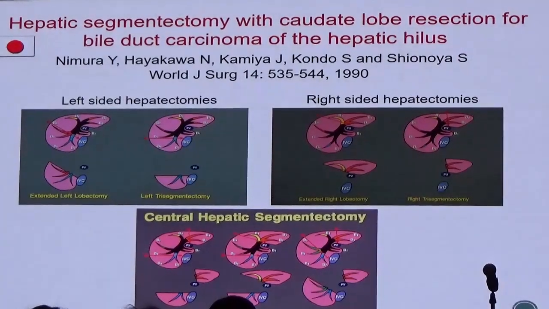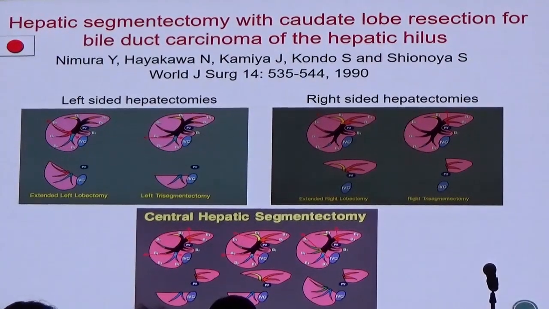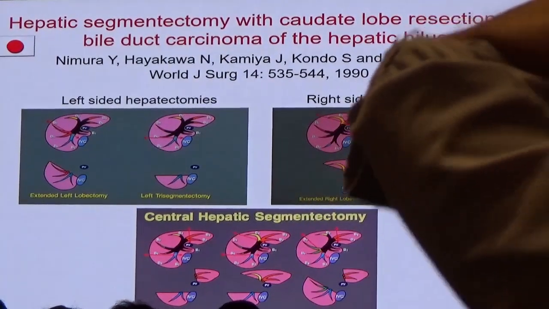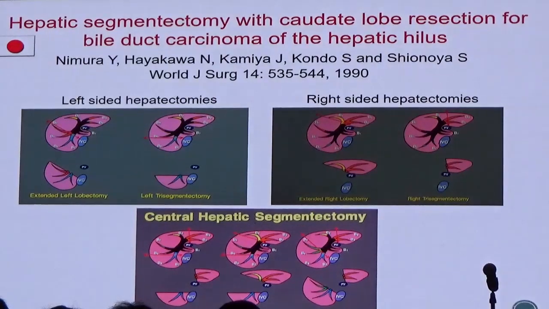In the 1980s, I developed several types of hepatic segmentectomy with caudate lobe resection for carcinoma of the hepatic hilus. In the predominantly left-sided cholangiocarcinoma, left-sided hepatectomy can be indicated.